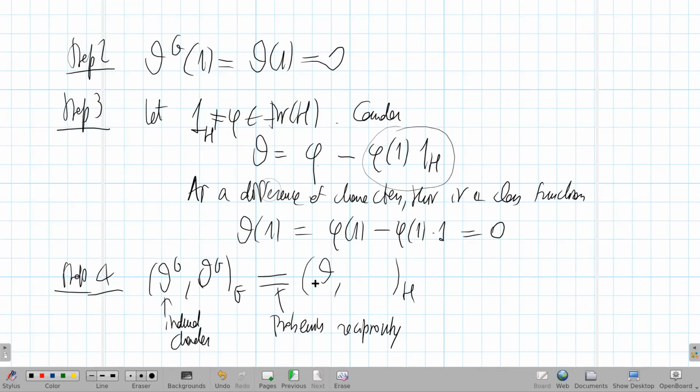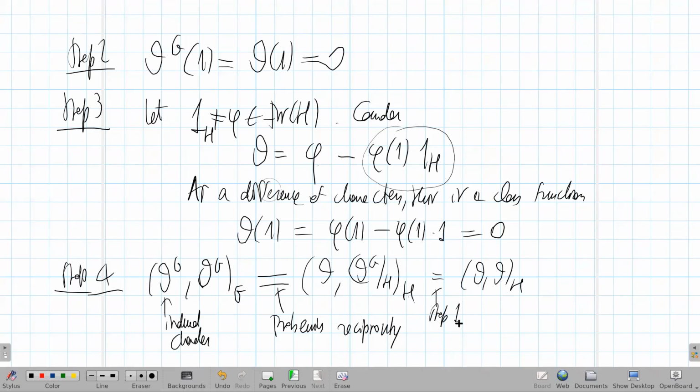So here you have theta to the G, and here you have the restriction of this to H. Here is the duality: in this direction on the first component you go from theta to the induced character, and in the opposite direction you go from this class function to the restriction. But since this is a sum over the elements of H, we have just proved that this is nothing else but theta. This is step 1.